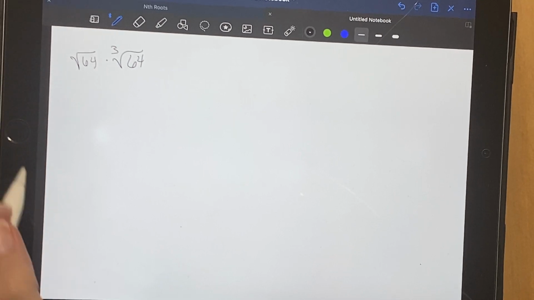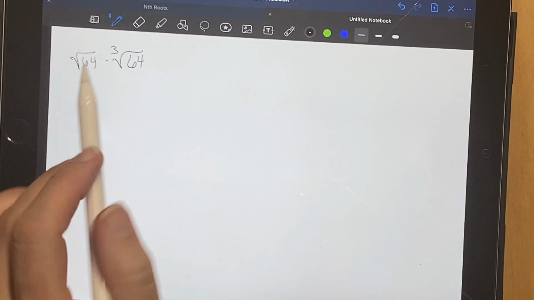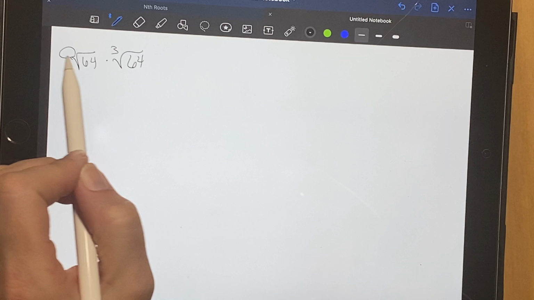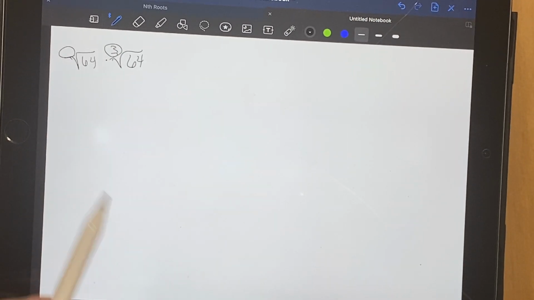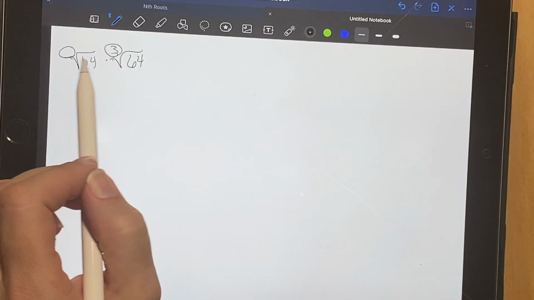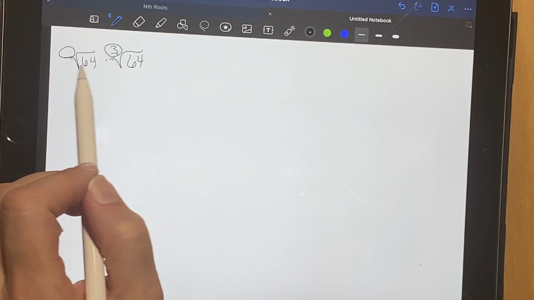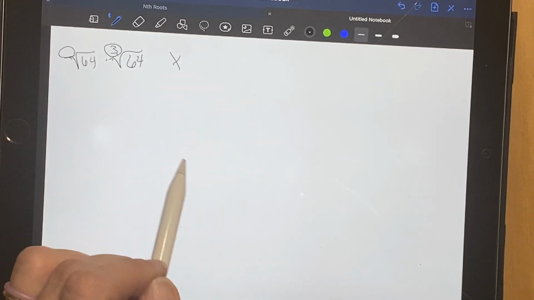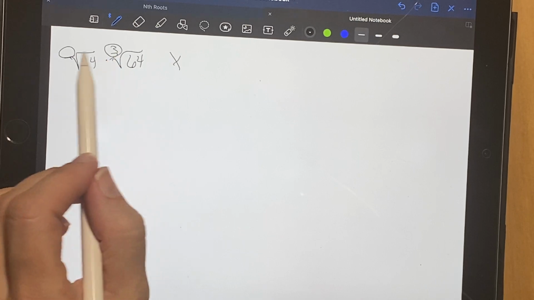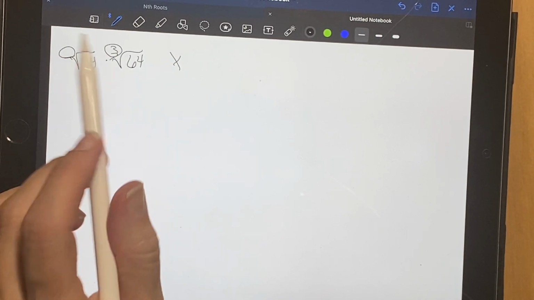Now, this is where it's important to look at it because we do not have the same index. So according to our radical properties, we can't multiply those. We can only multiply when we have the same index.